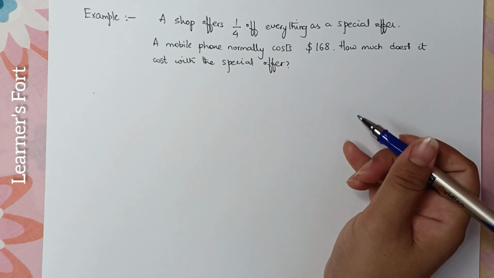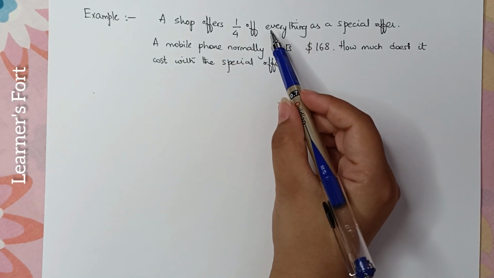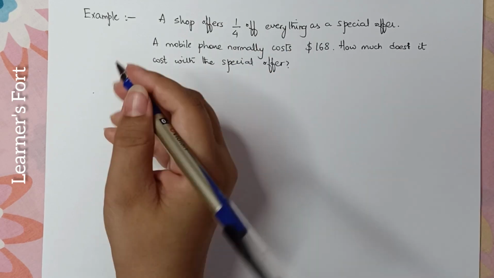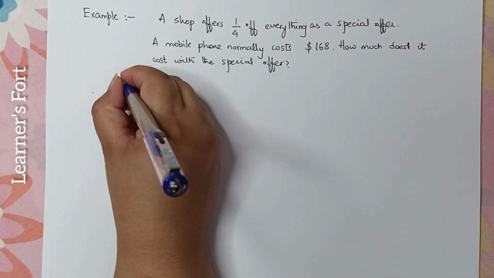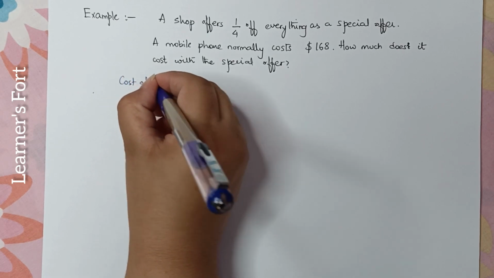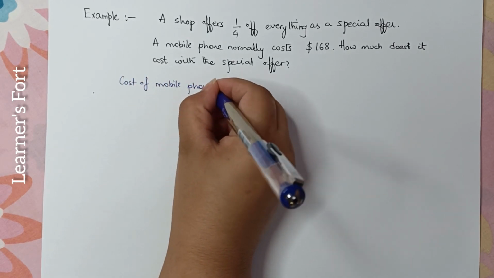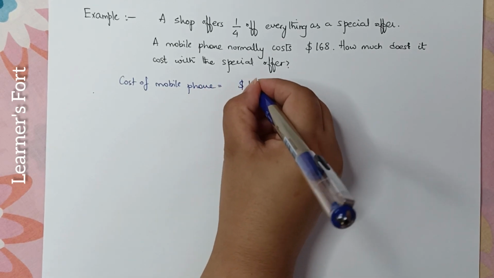Okay, so we do know the amount of discount being offered, which is 1/4. So we know that the cost of the mobile phone is $168.